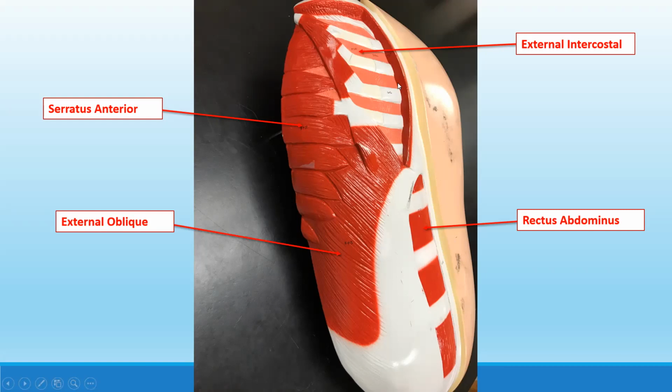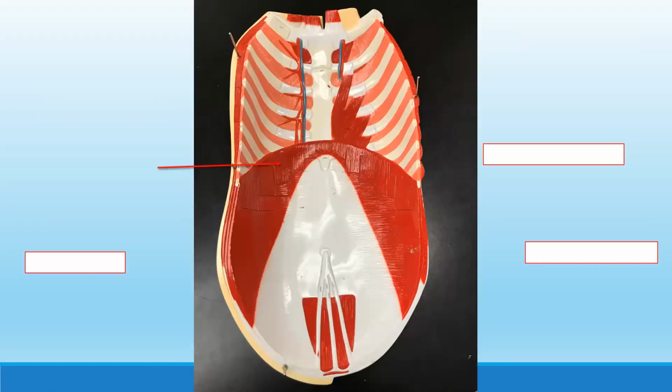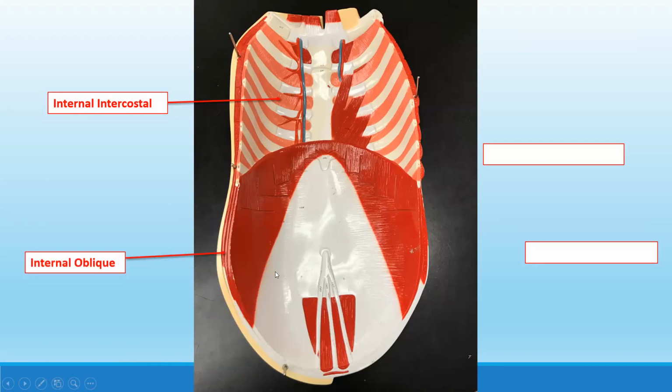The internal intercostals, which are underneath, have muscle fibers running in the opposite direction, away from the sternum. There, that little red line is the internal obliques. Can't tell much by looking at it, but there they are.